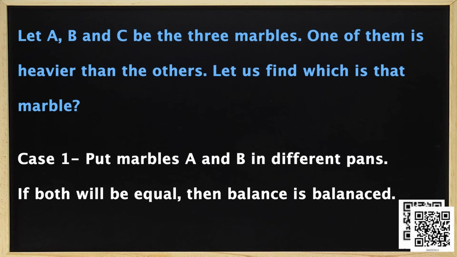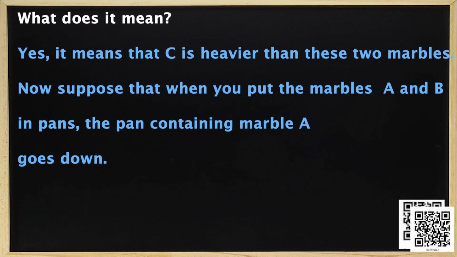Dear students, if both marbles are equal, then what happens to the balance? Yes, then the balance is balanced. If the balance is balanced, what does it mean? Yes, it means that C is heavier than these 2 marbles.